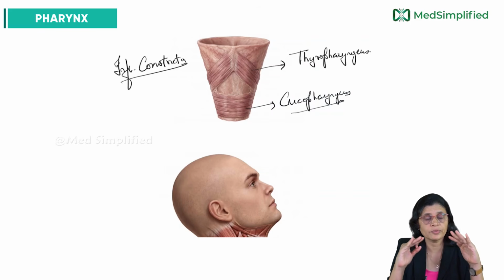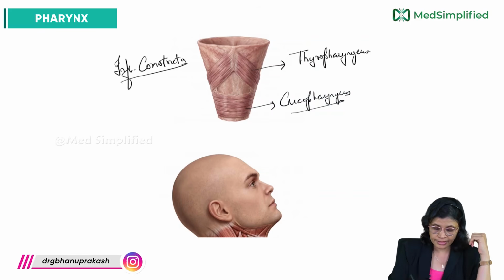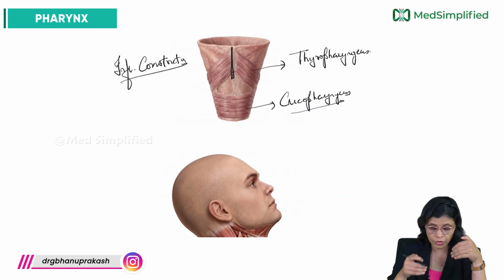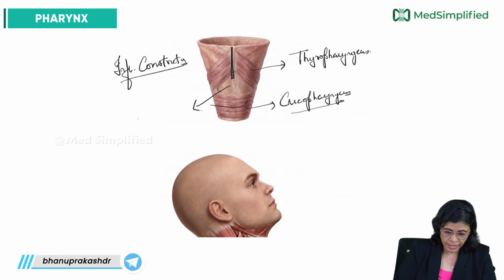The thyropharyngeus runs obliquely and gets inserted to the median raphe, whereas the cricopharyngeus muscle runs horizontally and becomes continuous with the fibers of the opposite side. Because of that, there is a gap here, and this gap is known as the dehiscence of Killian or Killian's dehiscence.